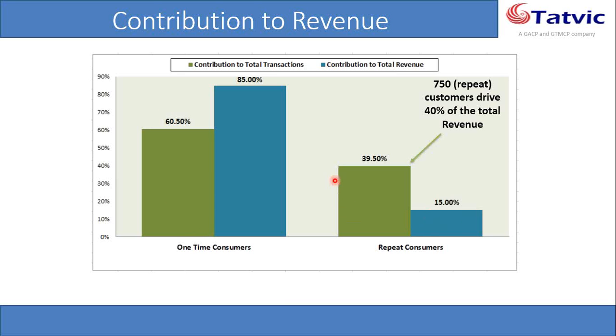But on the right-hand side, 15%, that was the statistic earlier, that particular group of customers contributed 40% of the total revenue. Now, if I were to sum up this point, 15% of 5,000 is 750, and 750 repeat customers driving 40% of the total revenue, that is huge.